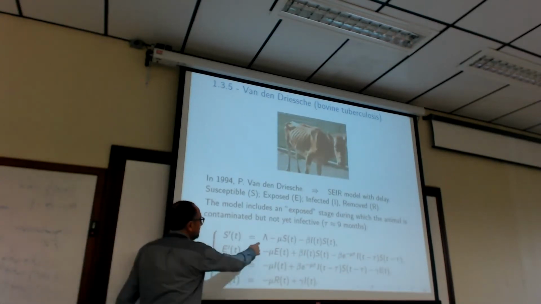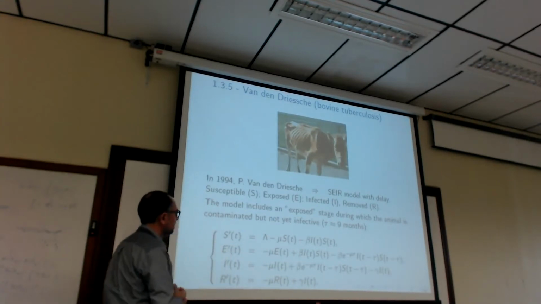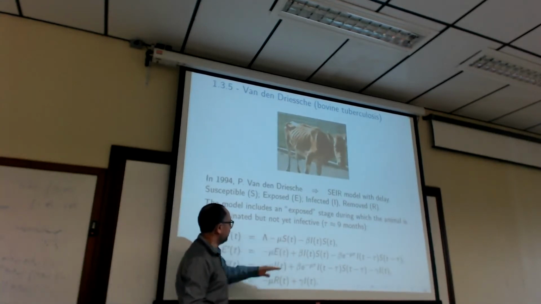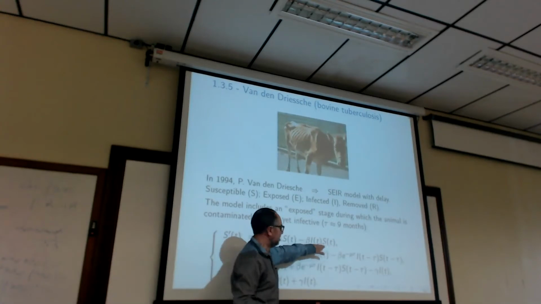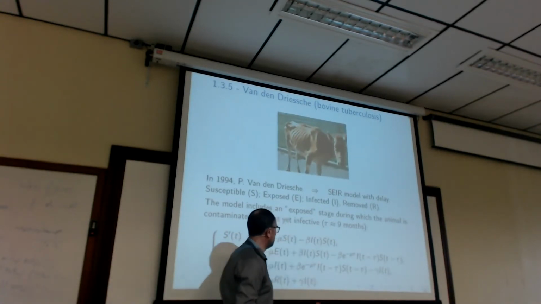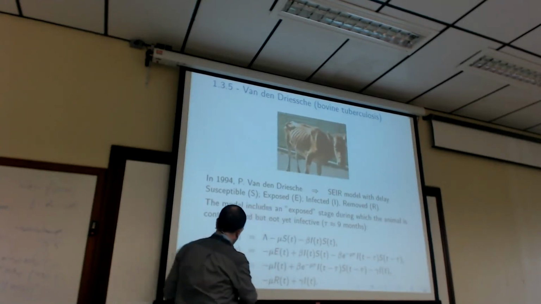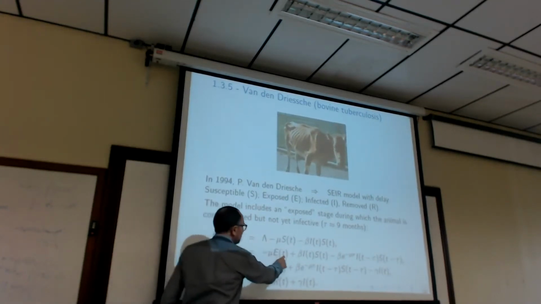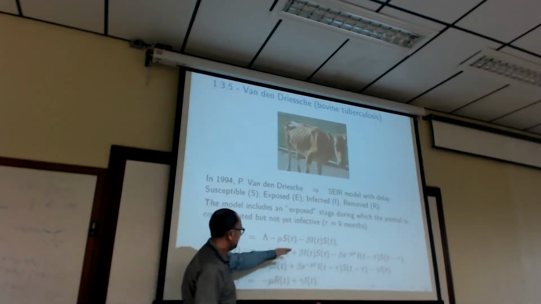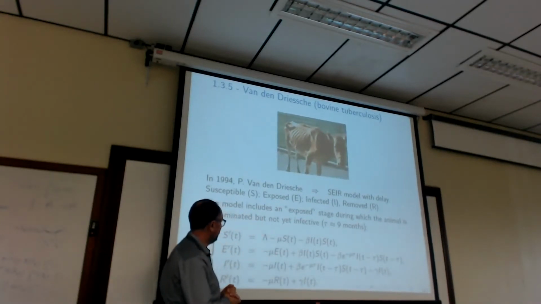This is of course the recruitment. This is the natural mortality. This is the infection. The force of infection is given by beta. Infected people will not go to this compartment, but to this one. This is the new infected population.